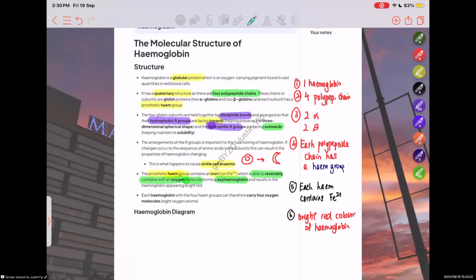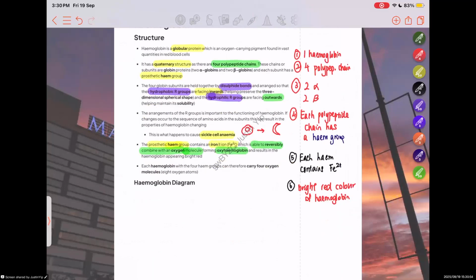Each polypeptide chain, I remember this one, they carry one molecule of oxygen.